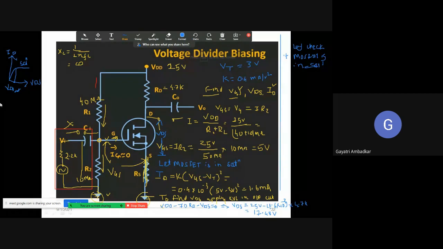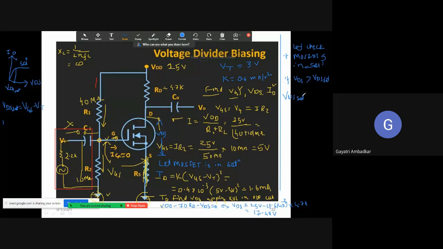This is equal to VGS minus VT, gate to source voltage minus threshold voltage VT. Okay, if the present value of VDS is greater than calculated value of VDS sat, then your MOSFET is present in saturation. So now let us calculate VDS sat.